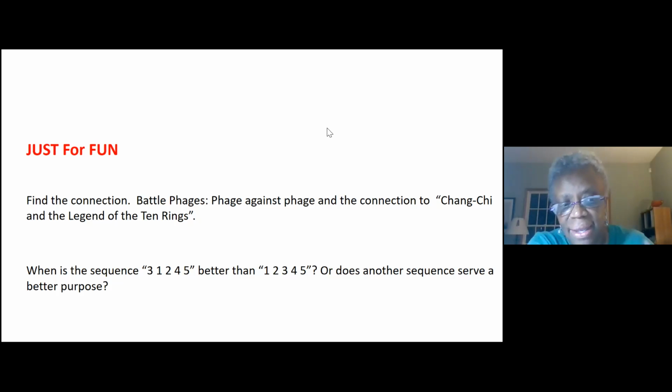And then the last thing here, it says, when is the sequence 3, 1, 2, 4, 5 better than 1, 2, 3, 4, 5? All right, so what I was going to have you do from the other abstract was to, again, write down 5 facts that you pull out of the abstract in the order in which you pulled them out. But it turns out that if you put fact number 3 before facts 1 and 2, you tell a better story.